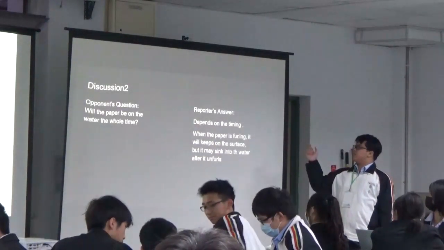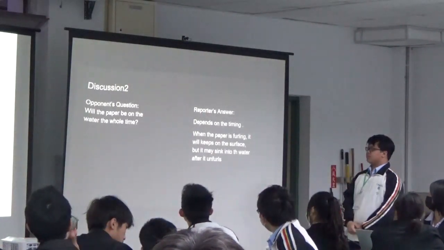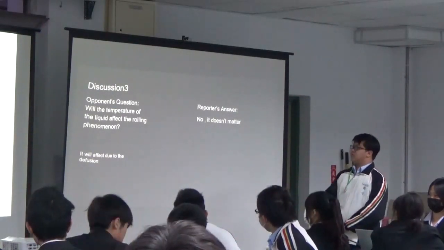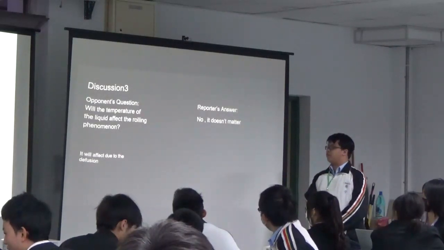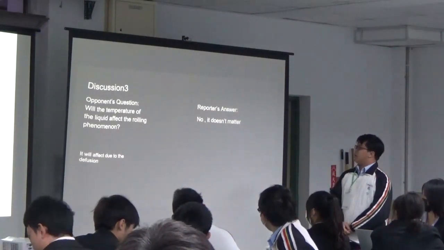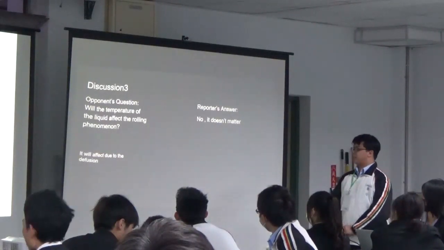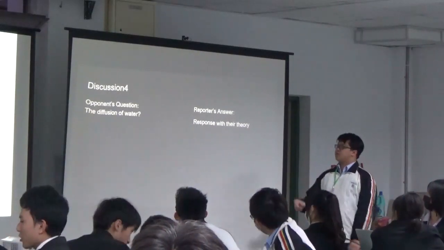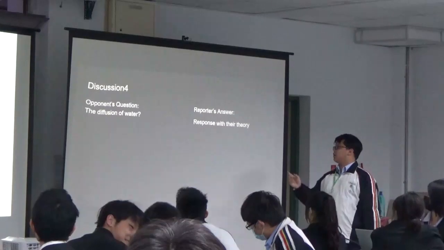And the reporters say it depends on the time. The third discussion, the opponent asks, will the temperature of the liquid affect the rolling phenomenon? And the reporters say no, it doesn't matter, but it will affect the diffusion. Then in the fourth discussion, they ask about the diffusion of water, and the reporters respond with their theory.